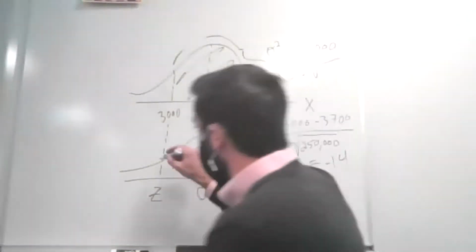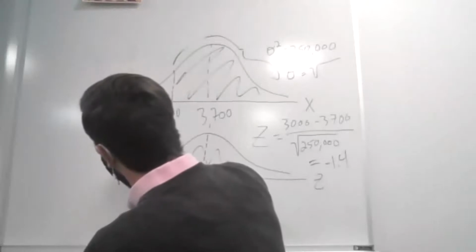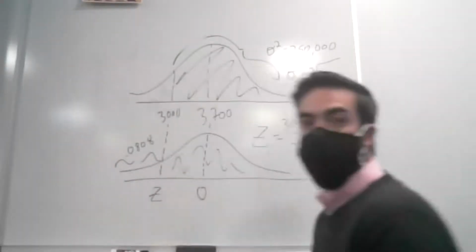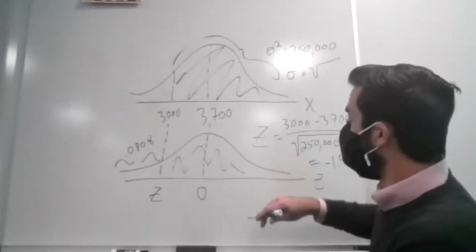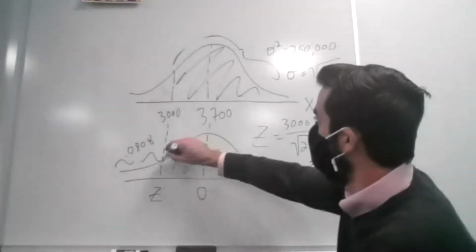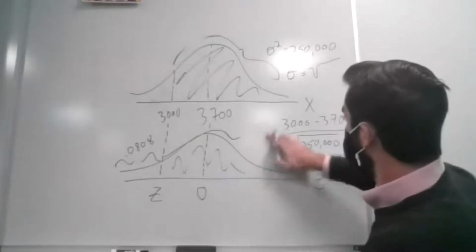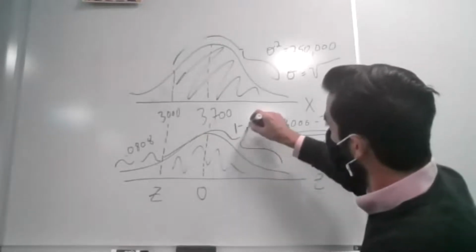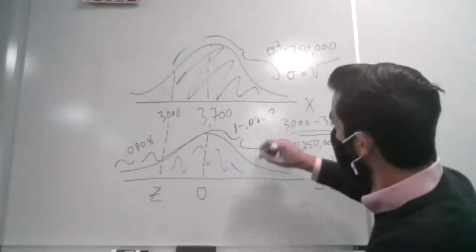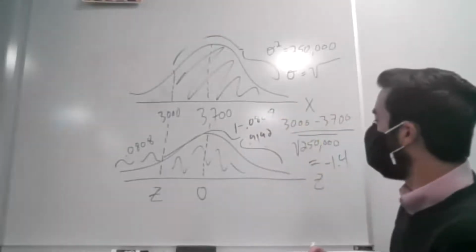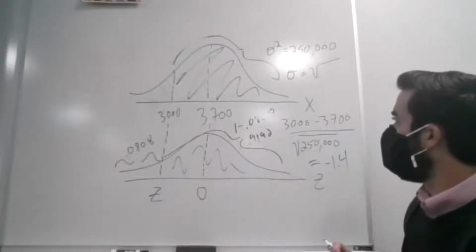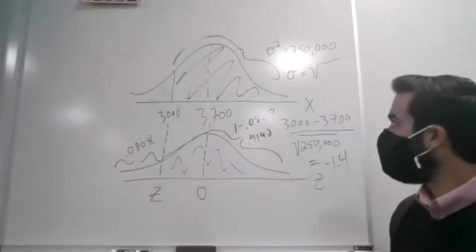So the area to the left is 0.0808, which means the area to the right would be 1 minus that. So what, 0.9192? I'm doing math in my head there, right? I think so. Okay.